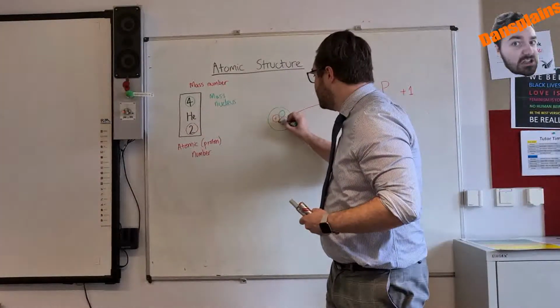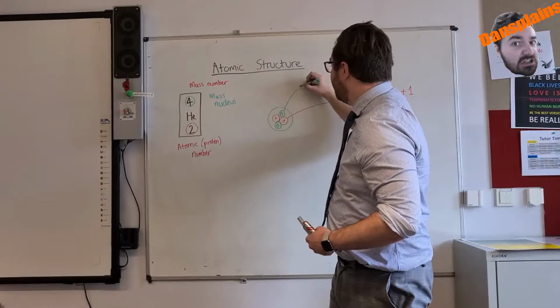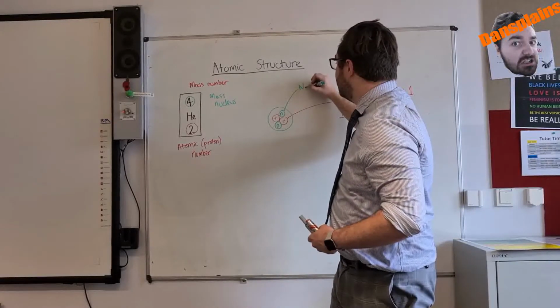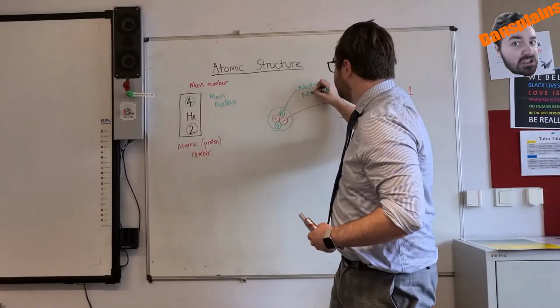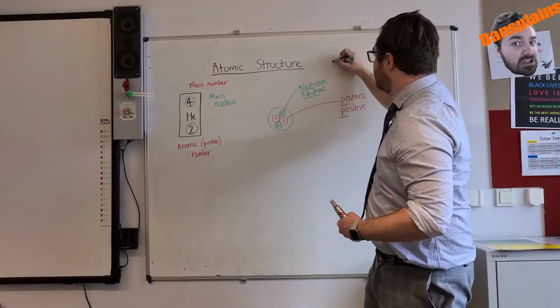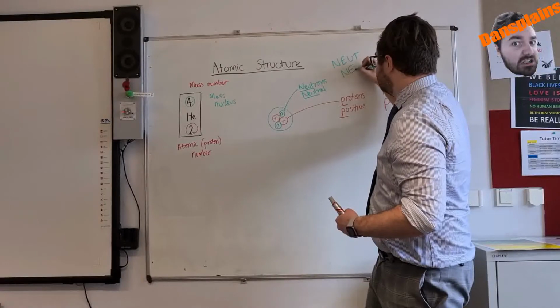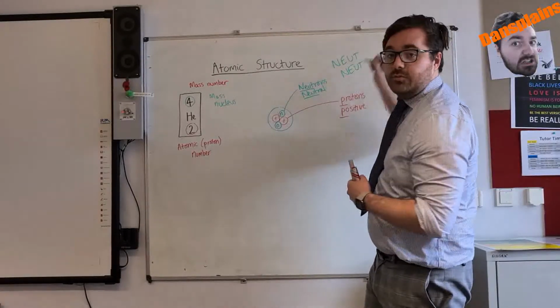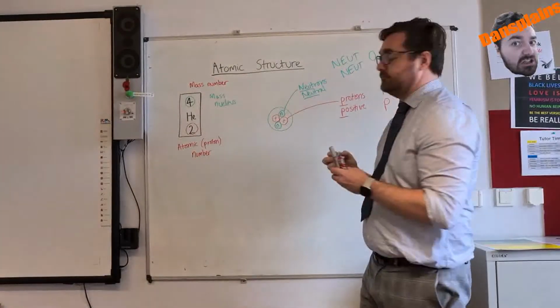And those 2 particles are neutrons. They're very easy to name because neutrons are neutral. Very simple rule here, neut, neut. Which means they have a neutral charge, so charge 0.